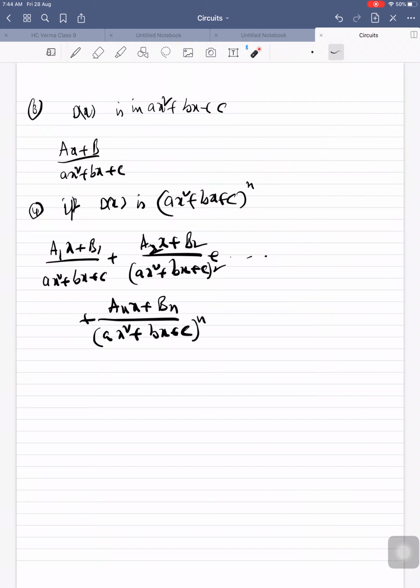Fourth one is (ax square plus bx plus c) whole power n. For whole power n, we write this square up to n, so in the numerator, a1x plus b1, a2x plus b2, and so on. Okay, note down.